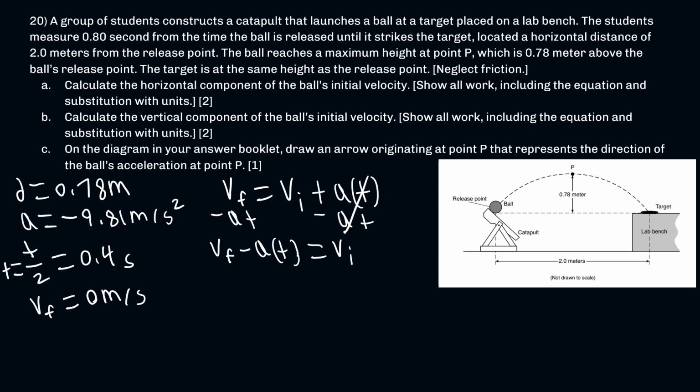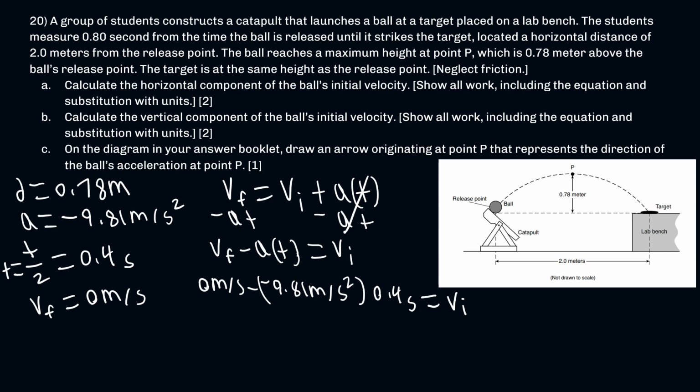My final velocity is 0 meters per second. Subtracted my acceleration, which is negative 9.81 meters per second squared, times my time, which is 0.4 seconds to get up to my highest point, and that is equal to VI.